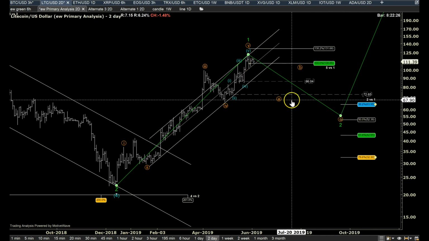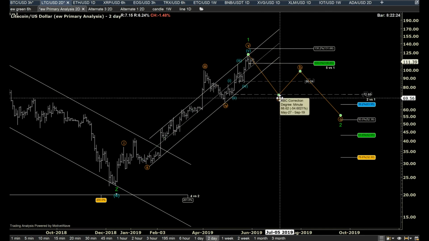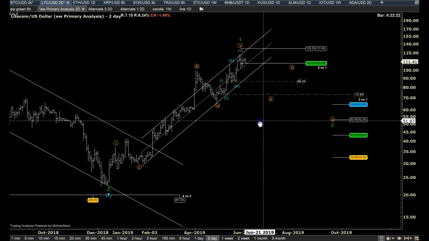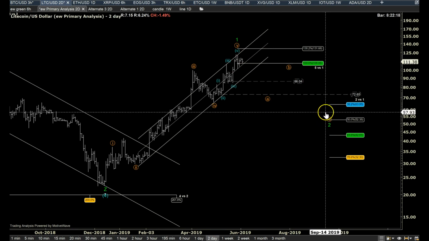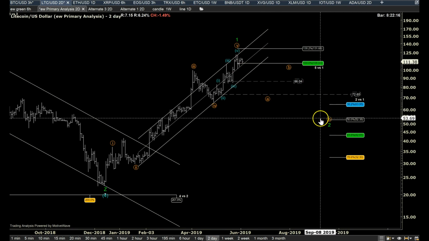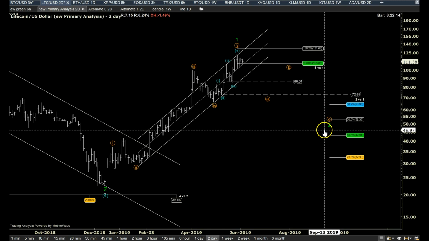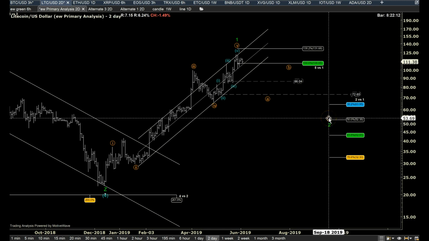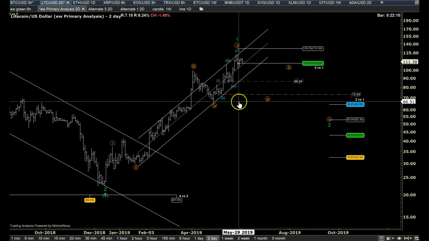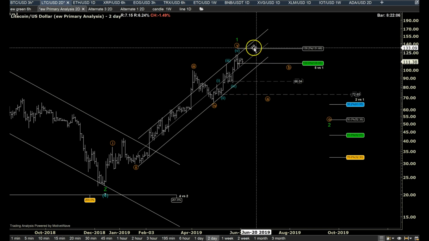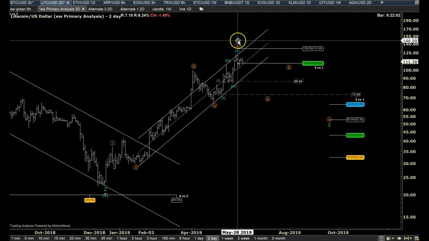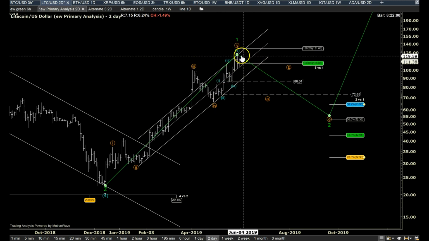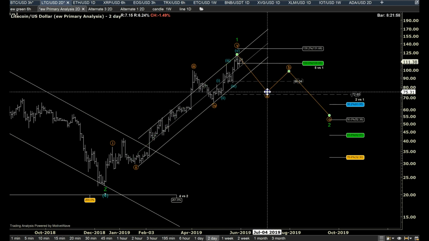So Litecoin in this wave count would have the possibility, and it wouldn't be out of the ordinary, to pull back towards 50%, around $50, even $42 if it really wants to get aggressive to the downside. If it wants to pull back all the way to the bottom of this wave 4, that would be about $66. So I'm going to keep this as my preferred wave count for right now, calling this a finished move and looking to see if we can get a correction in Litecoin.